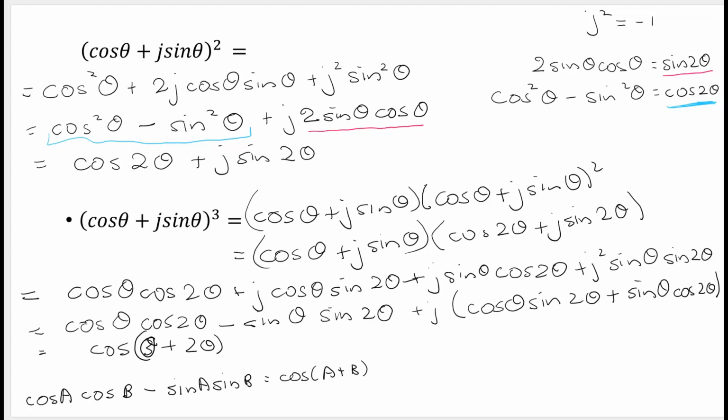Now, if we do the same for cos theta sine 2 theta plus sine theta cos 2 theta, that becomes j times sine theta plus 2 theta. It's the same rule, the sine equivalent, the sine A plus B rule. Theta plus 2 theta is 3 theta.